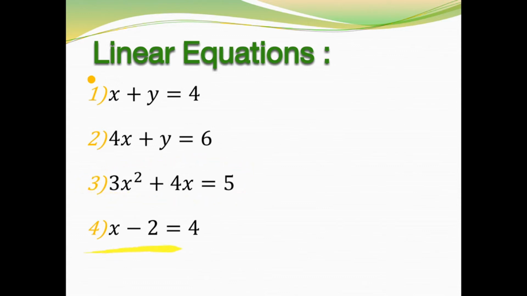Now in example number 4, the first term contains a variable and the degree of this first term is 1. The second term does not contain any variable, it's a constant, so the degree of the constant is 0. And we know that when checking for a linear equation, you just have to check whether a variable is present in the equation.